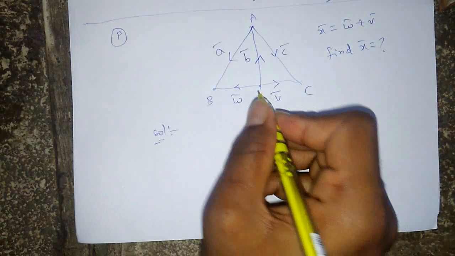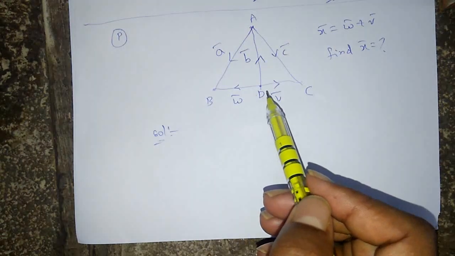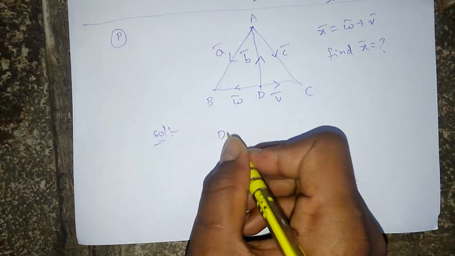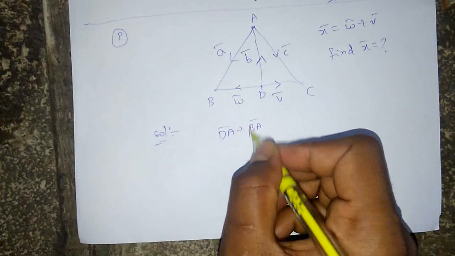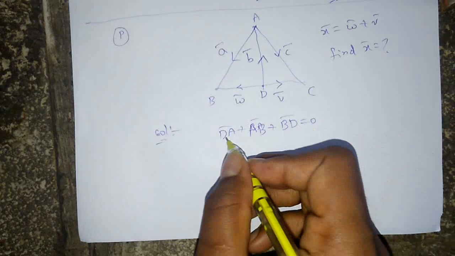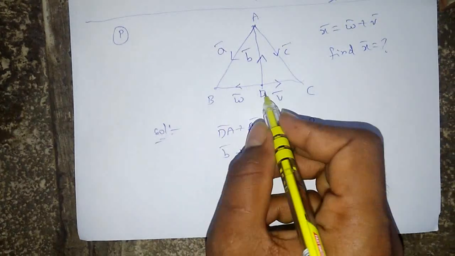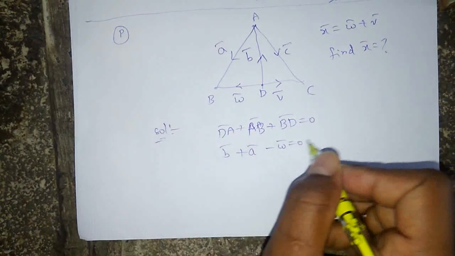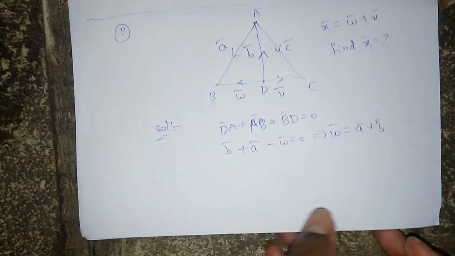So here from triangle ABD apply the triangle of vectors. Then triangle of vectors is DA bar plus AB bar plus BD bar is equal to 0. DA bar is B bar, AB bar is given as A bar. Here BD bar is in the opposite direction of W bar, so I am writing minus W bar. Implies W bar is equal to A bar plus B bar.